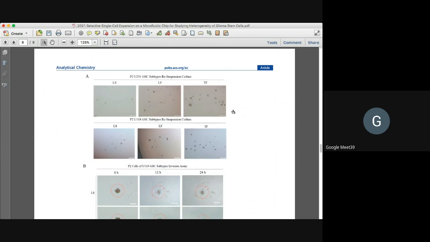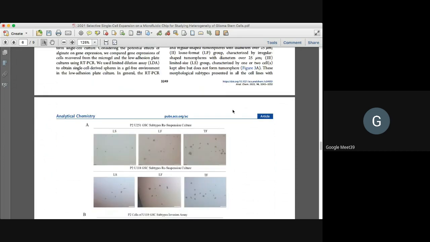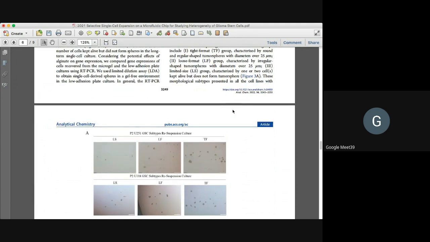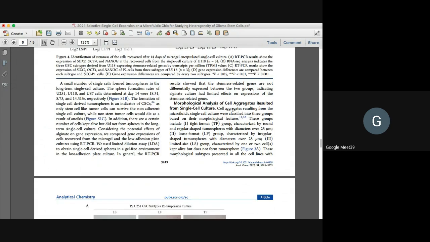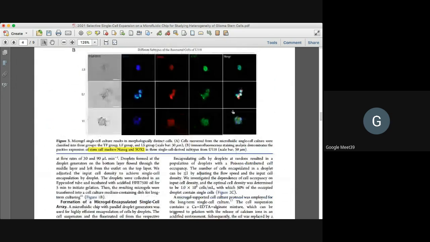And once the cell aggregate is free, they can put the fluorescence. And which is the advantage of using droplets? The advantage is to create an aggregate that you are sure comes from just one cell. Okay, good, perfect.